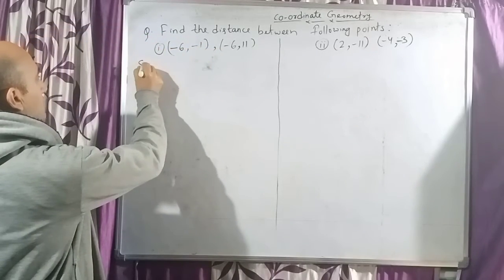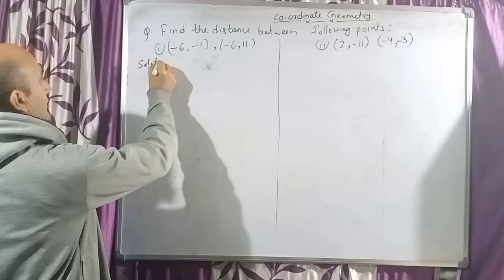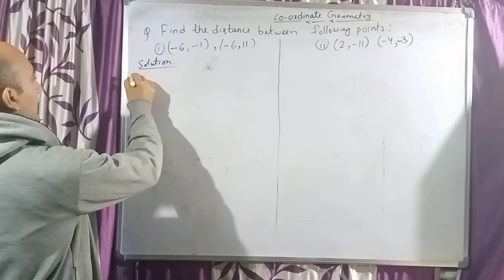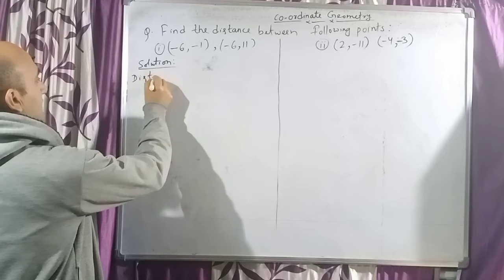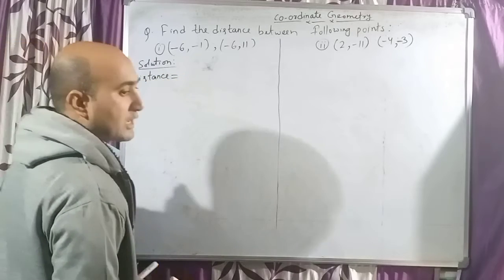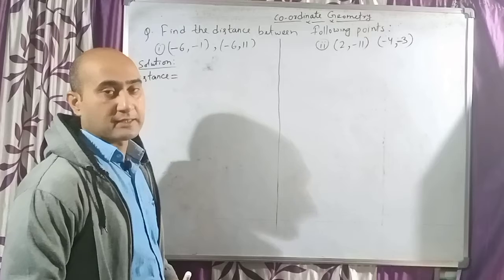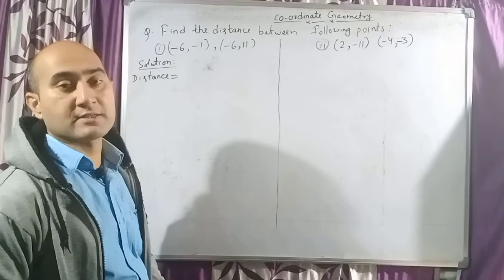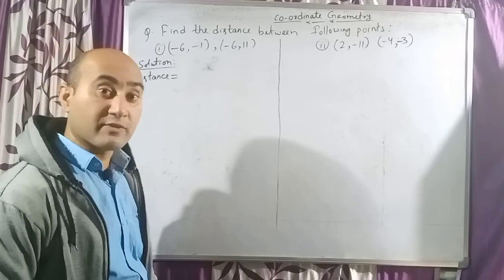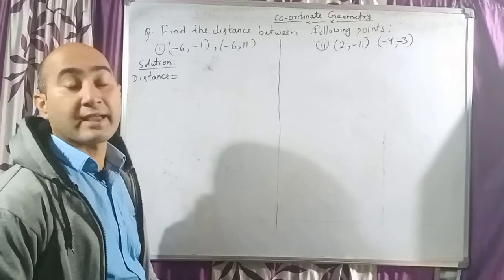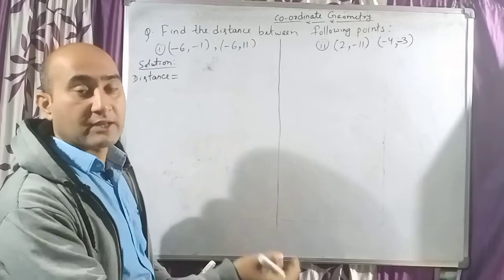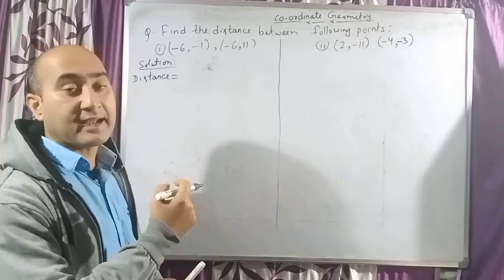So here my solution starts. So children, you know distance formula, so you write distance equal to, I have taught you two types of formula, that is x1 minus x2 whole square plus y2 minus y1 whole square, or even you can say x2 minus, means if you begin from 1 end it at 2, and if you begin from 2 end it at 1.